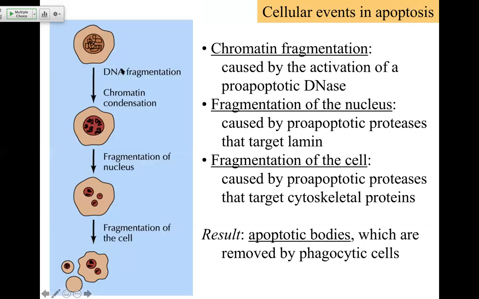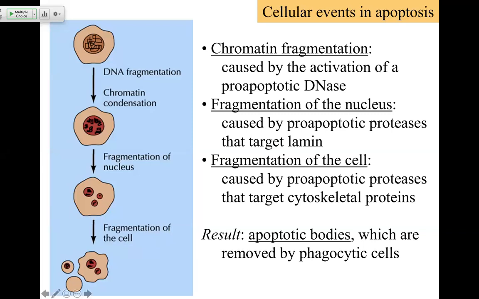The fragmentation of the DNA results in chromatin condensation. And when we say condensation here, we're talking about sort of unspecified precipitation, right? The chromatin is just breaking down and shrinking up. Not normal condensation as we would see as the cell's preparing for mitosis or cell division.